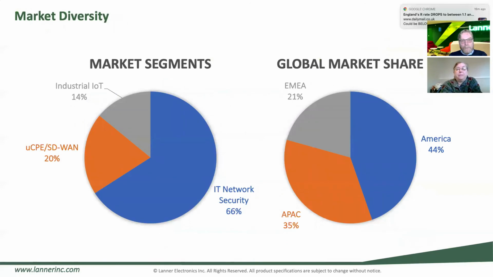And what we see as a general trend, Lanner itself is a hardware vendor, traditionally an ODM partner for many of the IT and network security companies. We have seen over the last 4 years an uptake in revenue on universal CPE and SD-WAN.